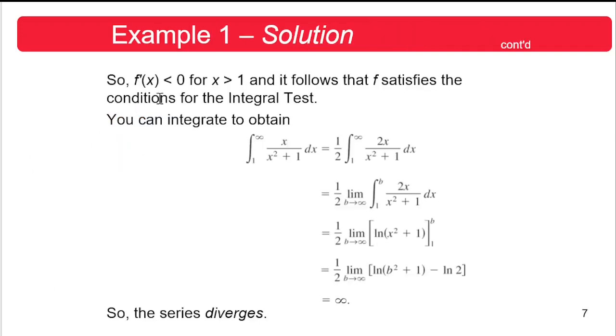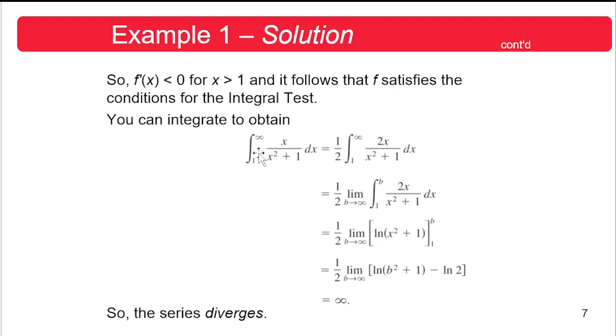We can conclude that the first derivative of the function is negative, or 0, meaning the function is decreasing for x greater than 1. It follows that f satisfies the conditions for the integral test, that the function should be positive, continuous, and decreasing for x greater than 1. Because it satisfies the conditions, we can now use the integral test.